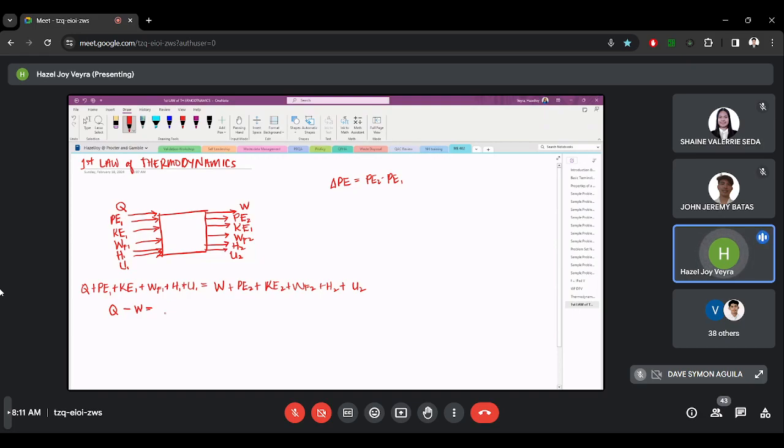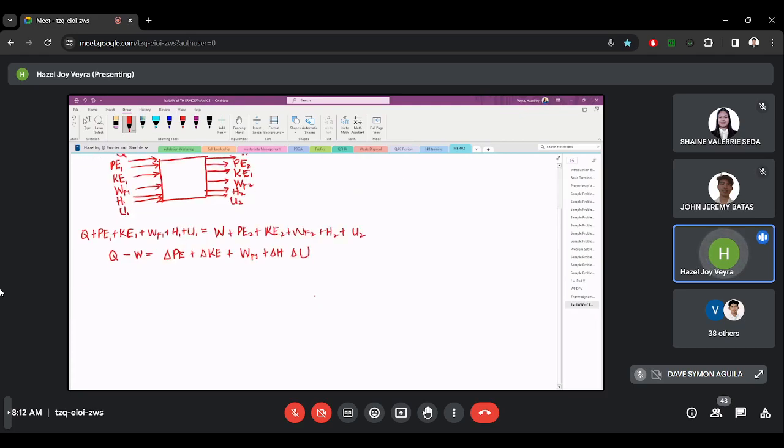And then we'll have here a change in potential energy plus the change in kinetic energy. So, ito magta-transpose lang to the right side of the equation. Then, we'll also have change in the flow work, change in enthalpy, and change in the internal energy. So, basically, ito na si first law of thermodynamics.